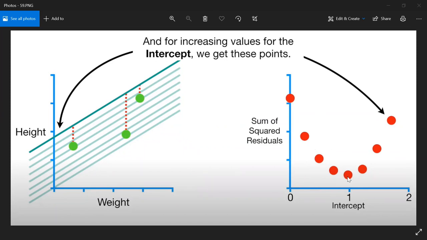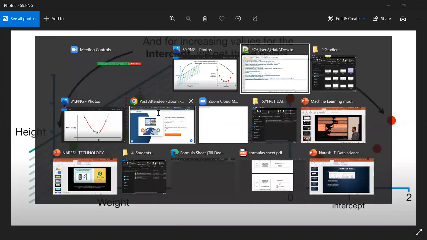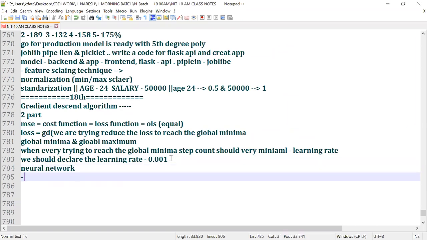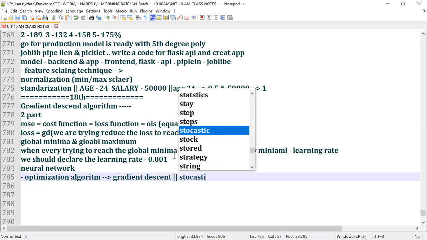All the time, whenever you declare these concepts, we're going to implement them in neural networks as well. There, this is called the optimization algorithm. So in an interview, if someone asks what is meant by optimization algorithm, you need to say gradient descent and stochastic gradient descent.